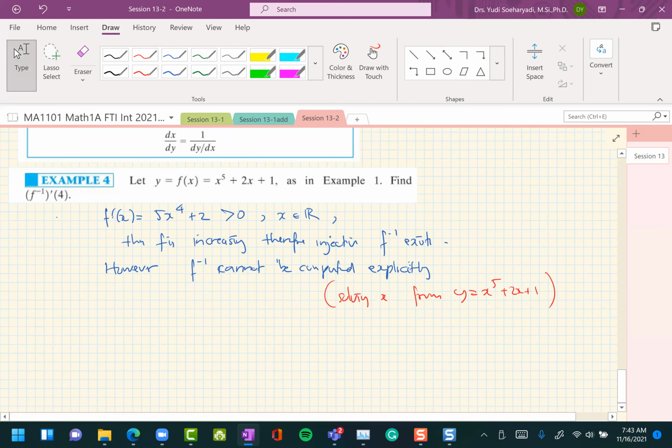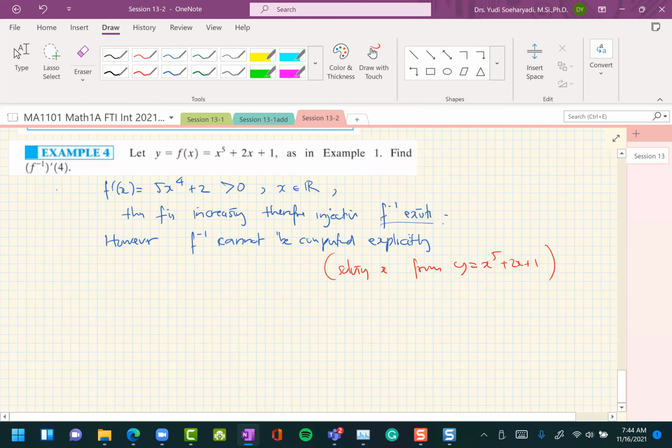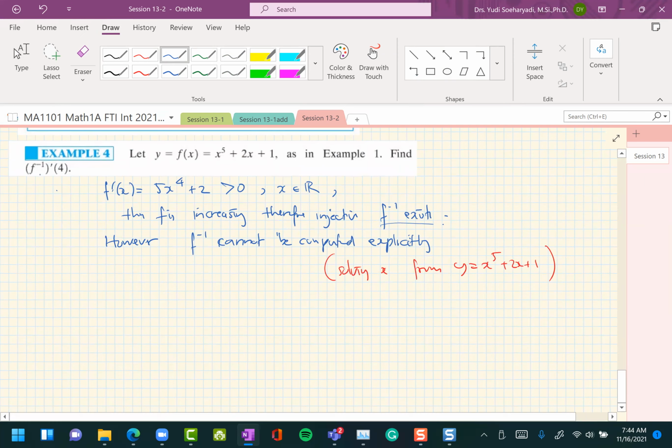All right. So we know it's increasing, therefore the inverse exists, and we're supposed to compute the derivative of the inverse at the point 4.